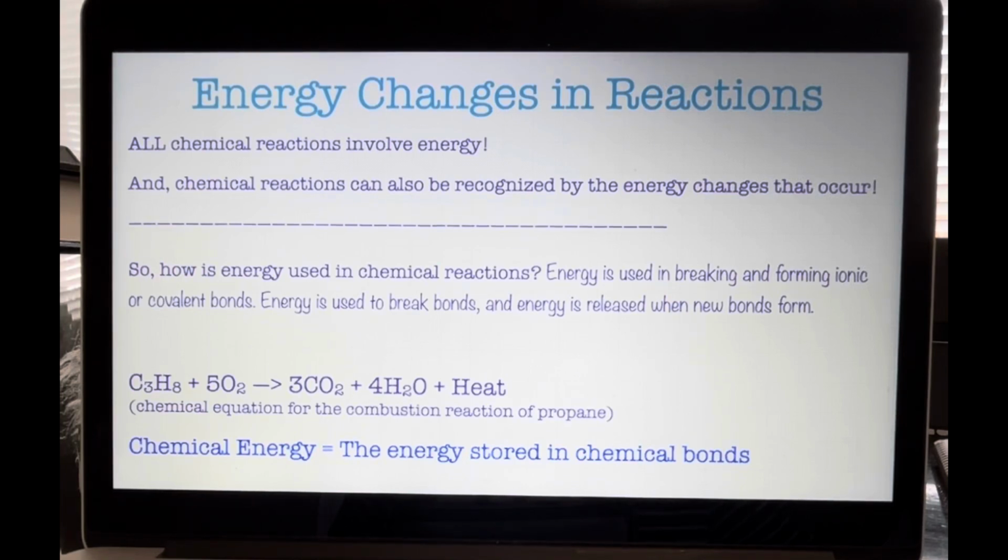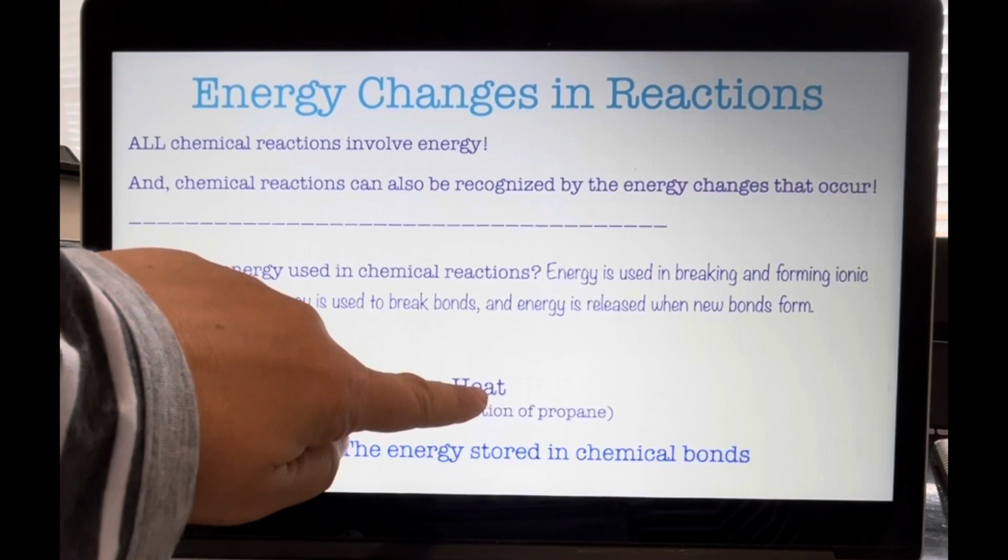Where was the heat energy when it was part of the reactants? Well, remember, we talked about it being transformed from the types of chemical bonds. Before the energy was transformed into heat energy, it was chemical energy stored in the chemical bonds of the propane and the oxygen gas molecules.